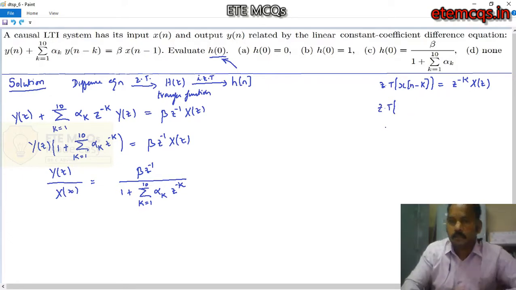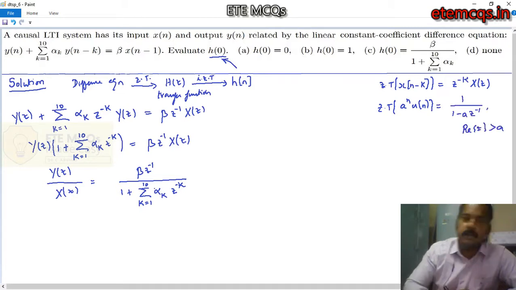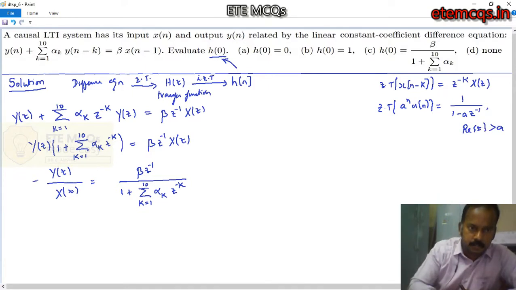We also know that the Z transform of a power n into u of n is equal to 1 divided by 1 minus a z inverse. Y of z divided by X of z is nothing but H of z, the transfer function.